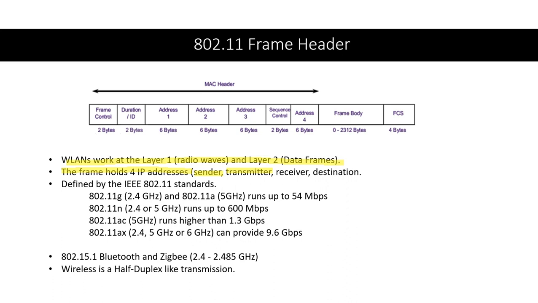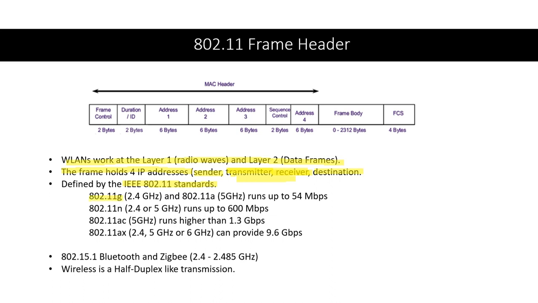The first one is the sender, or the laptop you're connected from, the transmitter on your network card, the receiver on the access point, and also the destination you're going to send it to. So this in the middle is what you don't have on the TCP/IP, which is your transmitter and receiver radio information.